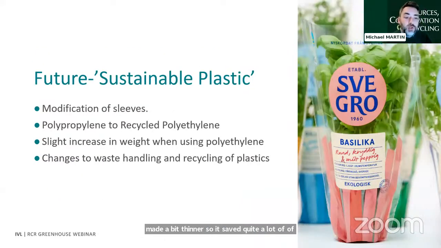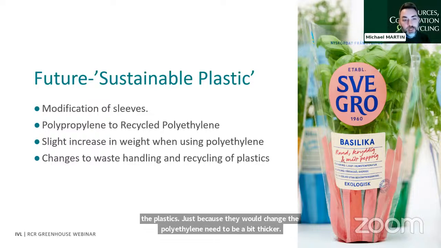Then we looked at the future scenarios, and what they wanted to do here was modify the sleeves. So they made them a little bit thinner. They wanted to change from polypropylene to recycled polyethylene. But this would also incur a slight increase in the weight of the plastics, just because with polyethylene they need to be a bit thicker.